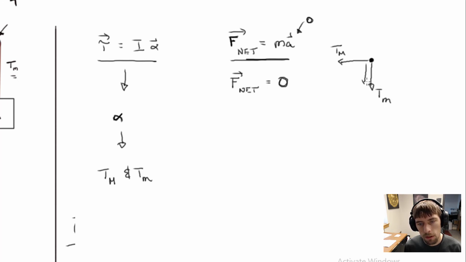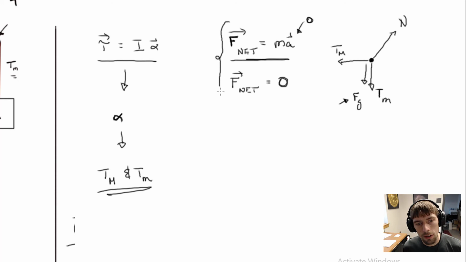I have the gravitational force going this way, Fg. And I had this normal force, N. Armed with an expression for T M, the two tension forces, and you're given the mass of the pulley, so you can find Fg. If you apply Newton's second law in translational form, you can eventually come up with an expression for the normal force.